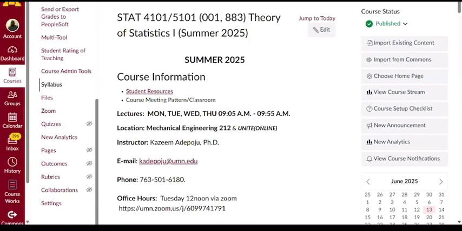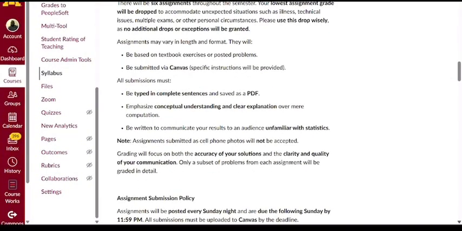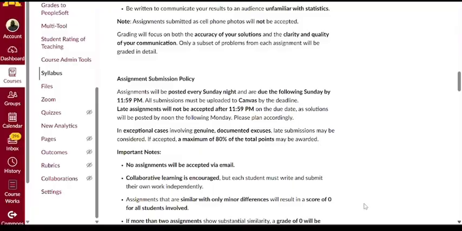Now, this is the syllabus on Canvas. Can you see the assignment submission policy? Assignments will be posted every Sunday night and will be due the following Sunday. So an assignment is always released every Sunday and due every Sunday. For the person who chatted with me, I believe you sent the information. This is on Canvas.